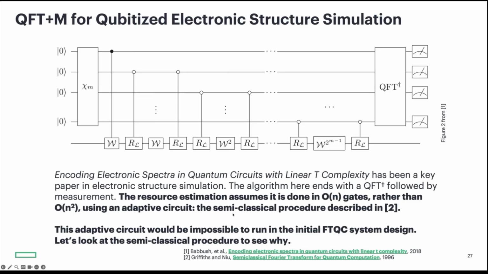This adaptive circuit is called the semi-classical procedure from this reference 2. My claim is that you can't run this adaptive circuit in that initial FDQC system design I just described. Let's look at that adaptive circuit and we'll find out why.